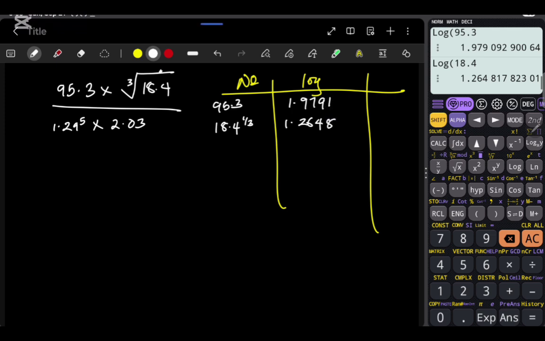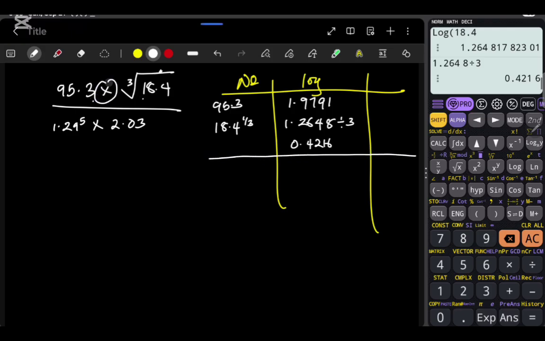Remember this root, this 1 over 3, so we are going to divide this by 3. That gives you 0.4216. So what we're doing here is adding these two, because we are supposed to multiply.